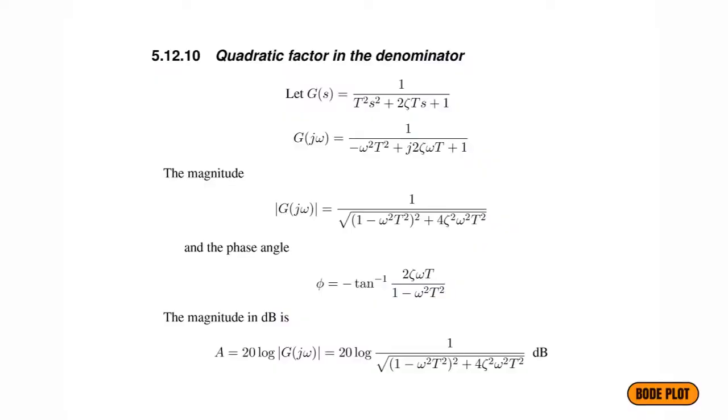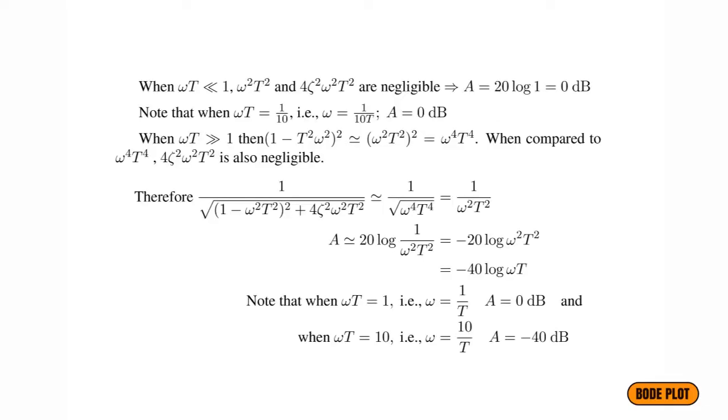In that case we get 1 only, so 0 dB. After the corner frequency, we use the next approximation. When omega tau is far less than 1, omega square tau square and 4 zeta square omega square tau square are both negligible, that's why it becomes 20 log 1, 0 dB.